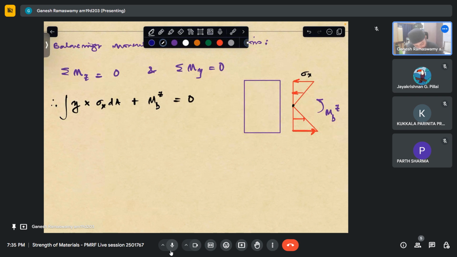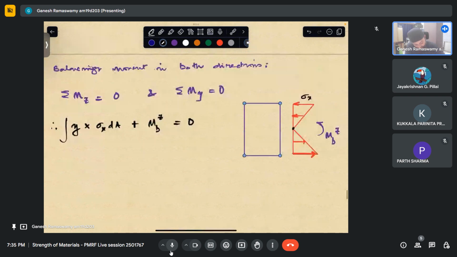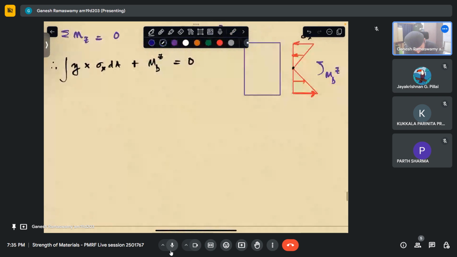So this will also lead to a moment like this. So that's all right. So this will be simply sigma x y dA integration plus.